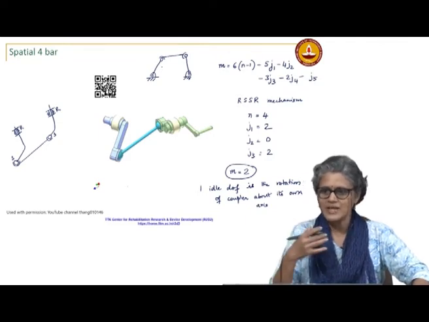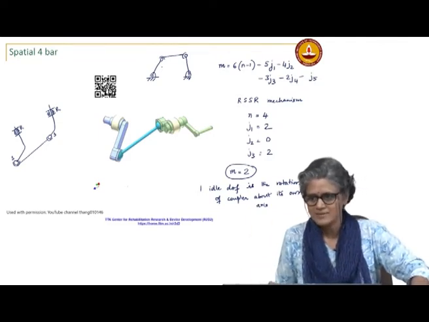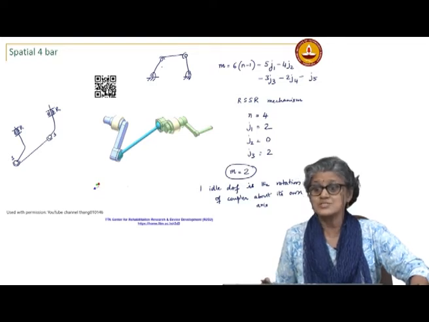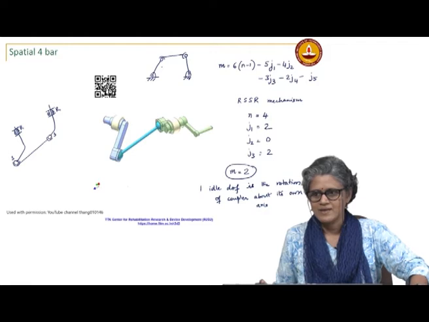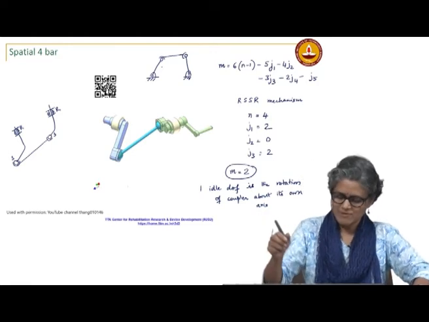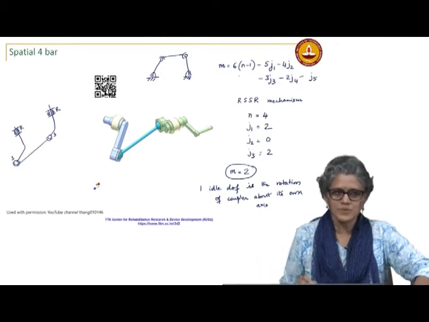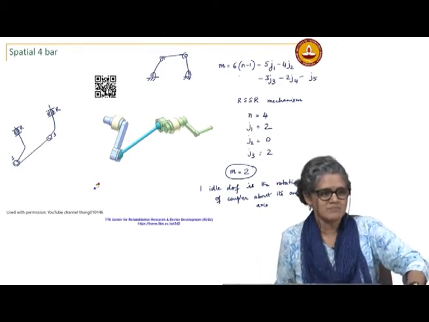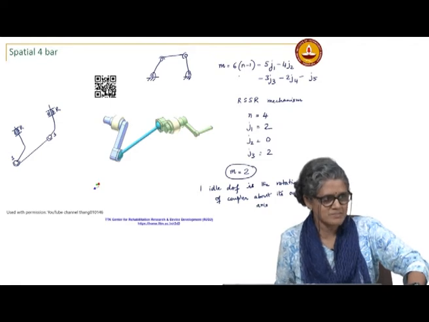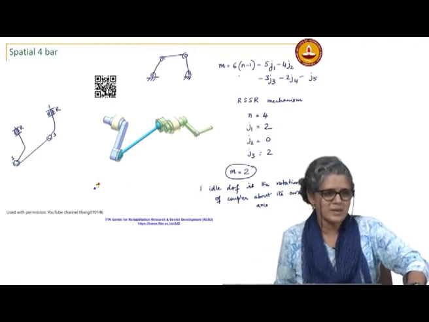So, they are not really independently taking off any, so you will actually get something that is over constrained. So, the question here is, why doesn't this equation apply for a planar mechanism? If I take a planar mechanism, planar 4 bar and apply this, what will I get? I get minus 2. I will get an over constrained mechanism.